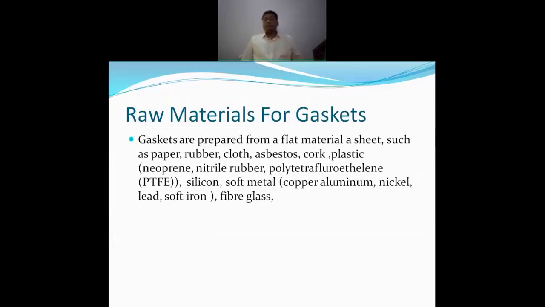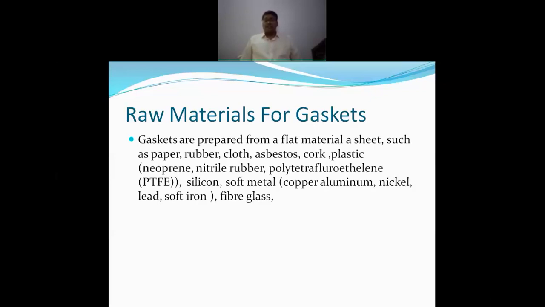Then what are the different materials used for a gasket? Gaskets are prepared from flat materials or sheets. The sheets can be made of simple paper, cloth, rubber, asbestos, cork, or plastic.